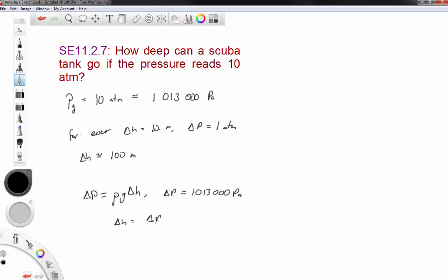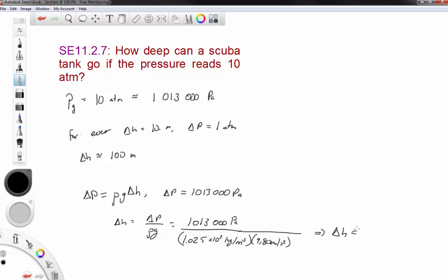So delta H is going to be delta P over rho G, and so that's 1,013,000 pascals divided by 1.025 times 10 to the 3 kilogram per meter cubed times 9.80 meters per second squared.